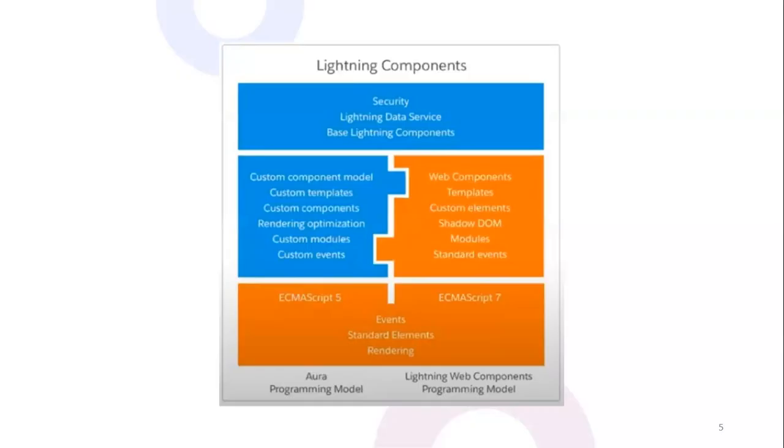You only have to customize the security, Lightning data service, and base Lightning components. The basic rendering and many other things are provided as part of the web stack itself. That's where Lightning Web Components came into the picture.